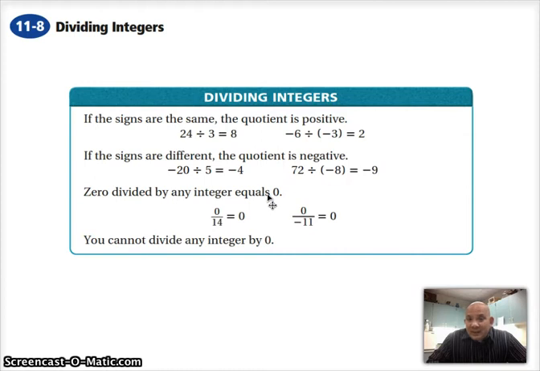Now, when 0 is divided by any number, be it positive or negative, it'll always result in a 0. But of course, you can't divide any integer by 0. In other words, 0 can't be, in these two cases, the divisor or the denominator here, because it doesn't work.